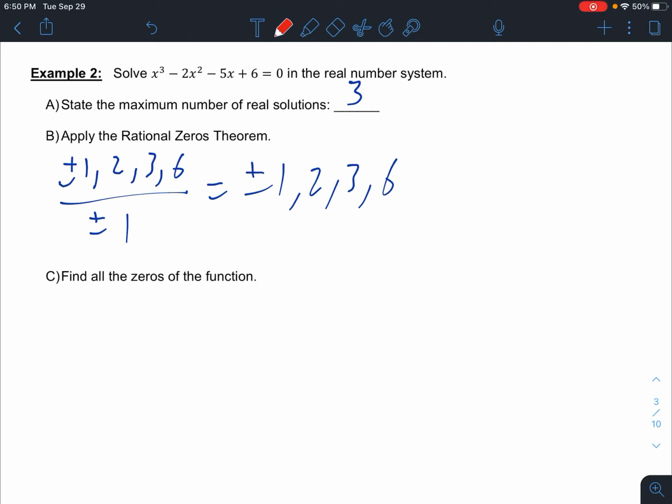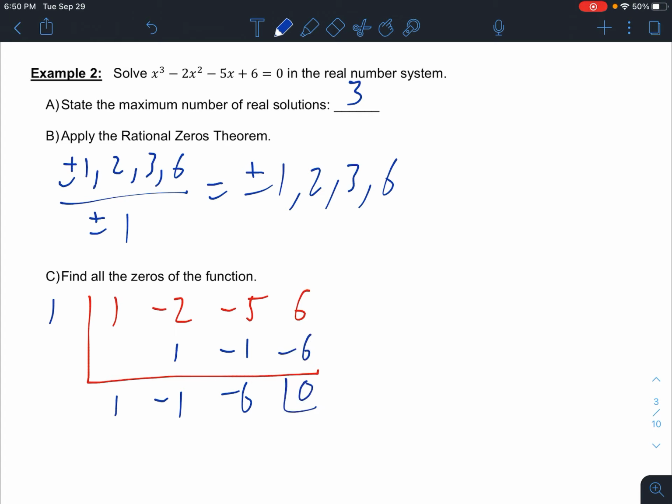How do we guess? We set up synthetic division. And we just pick one of our 8 possibilities. So positive 1, 2, 3, or 6, or negative 1, 2, 3, or 6, and start trying it. And if it doesn't work, we erase it and start over again. So let's try positive 1. And we got lucky that positive 1 worked.